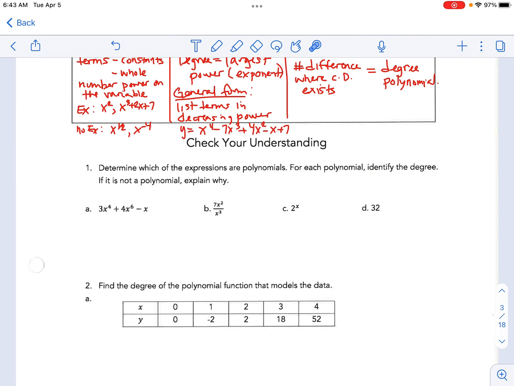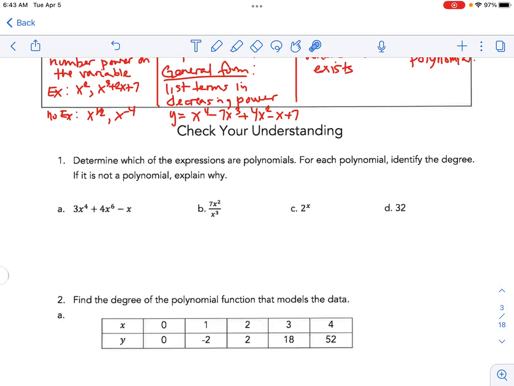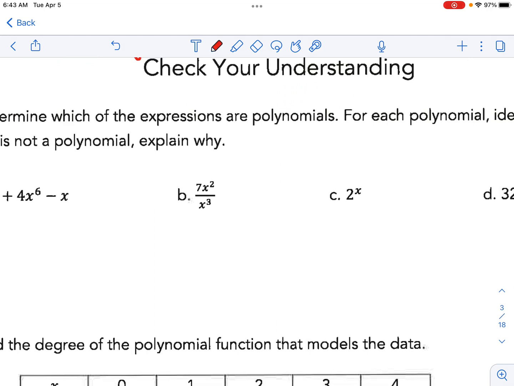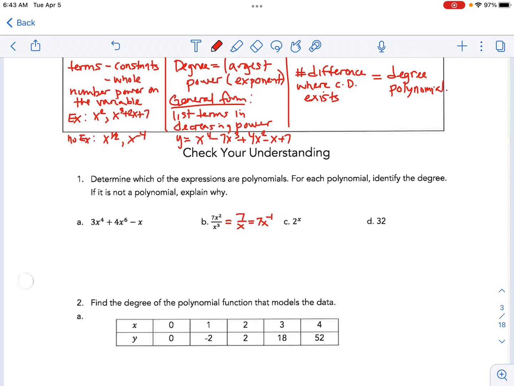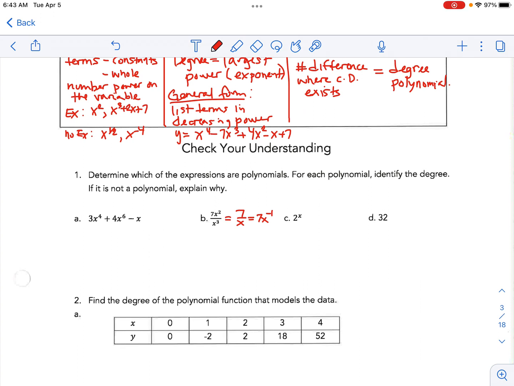So we have some check your understanding here. It says determine which of the expressions are polynomials. For each polynomial, identify the degree. So I shouldn't say these are all polynomials, that's not true. Don't forget to simplify. This simplified is 7 divided by x, which equals 7 times x to the minus 1 power.